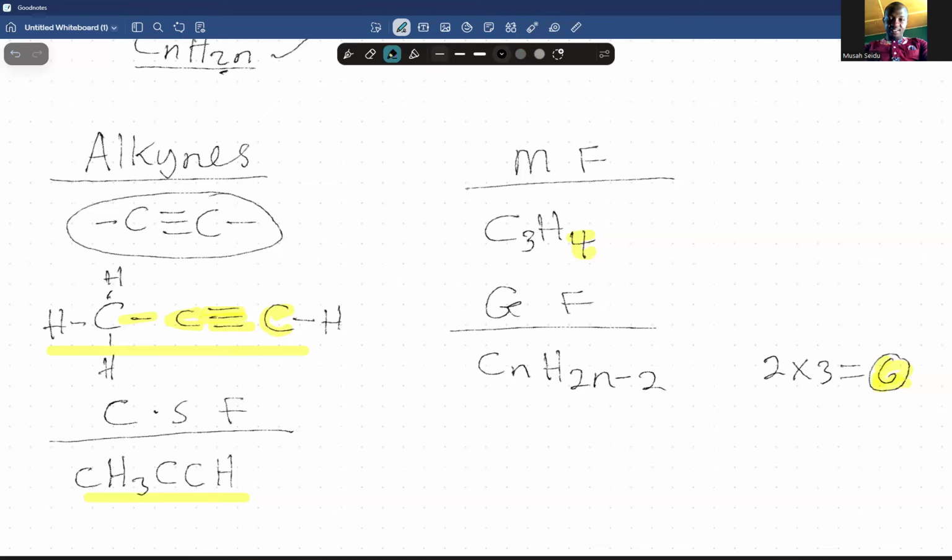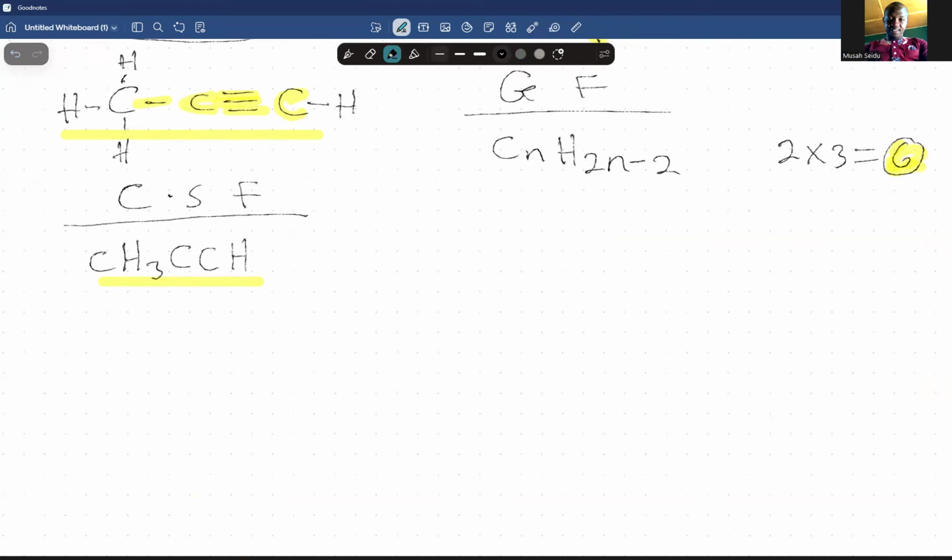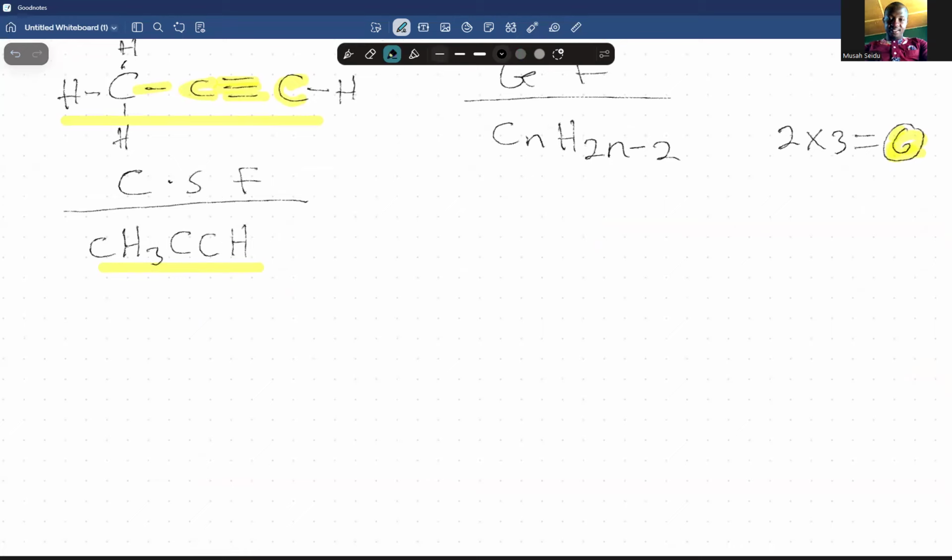Now, let's move on to haloalkanes. So our next example is haloalkane. For the haloalkanes, we have to watch out.